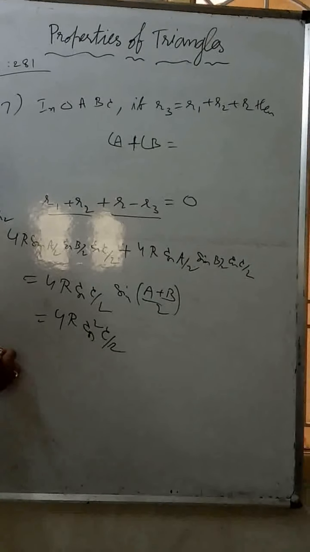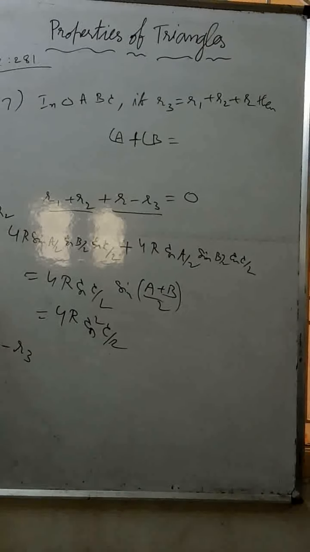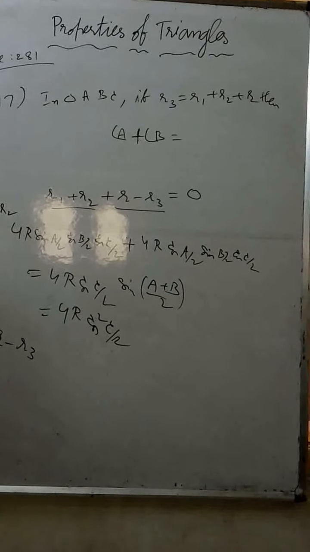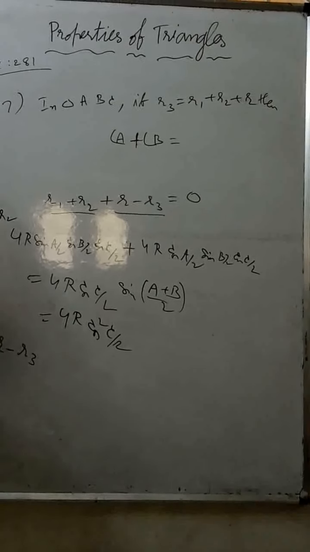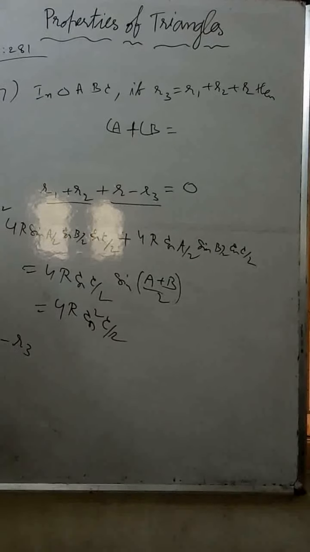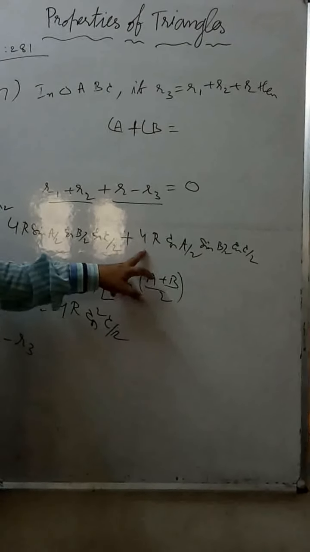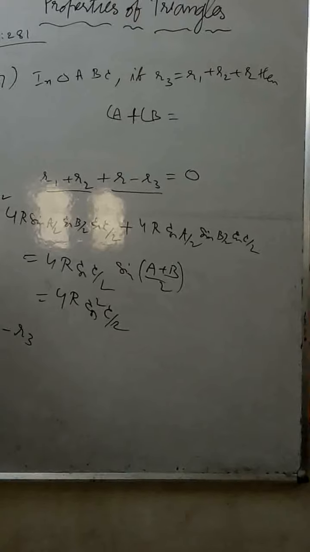Now I need R minus R3, or R3 minus R. We already did the same. What is R? 4R sin A by 2 sin B by 2 sin C by 2, and R3 is 4R cos A by 2 cos B by 2 sin C by 2.